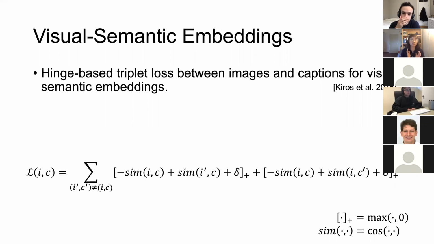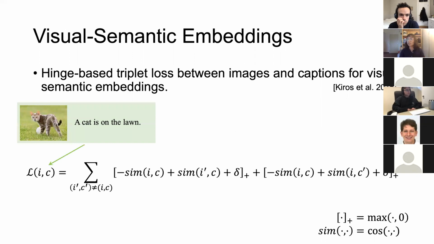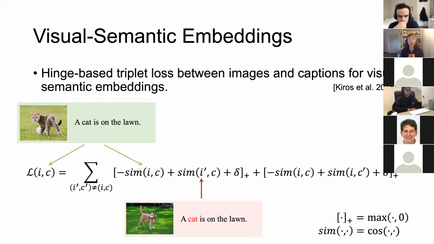The loss term is defined as the following. I will describe it part by part. Suppose that we have this paired image and caption, which says "a cat is on the lawn". The first part of the loss function tells us to sample a different image, not corresponding to the input caption, and says that this image should be classified as a false match.